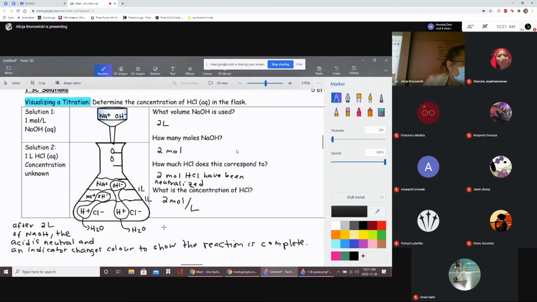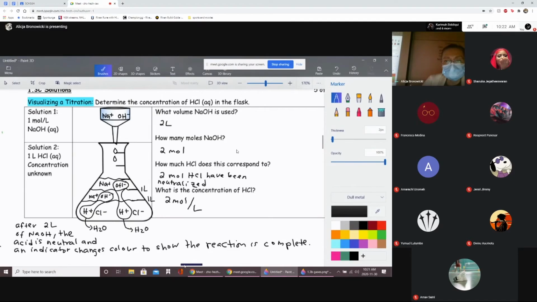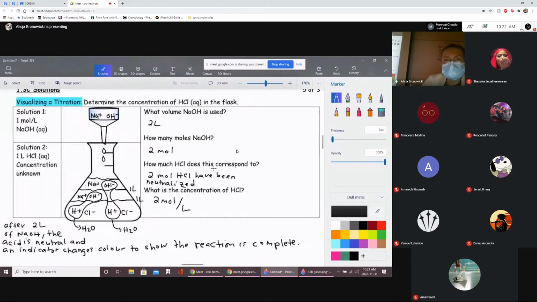So what I'm going to do is put in some equations here. Let's say you didn't have the graphic and you had to figure out this titration based on formulas and equations.